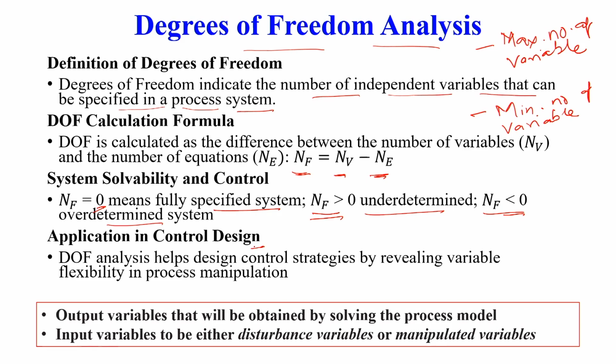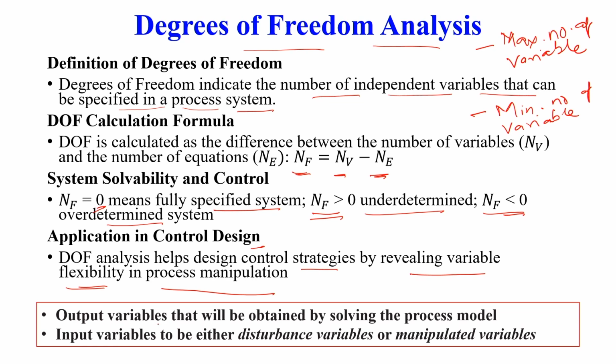Now what is its application in control design? Degree of freedom analysis helps design a control strategy by revealing the variable flexibility in a process manipulation. So it will give the information on how many equations are required, how many variables you can fix.